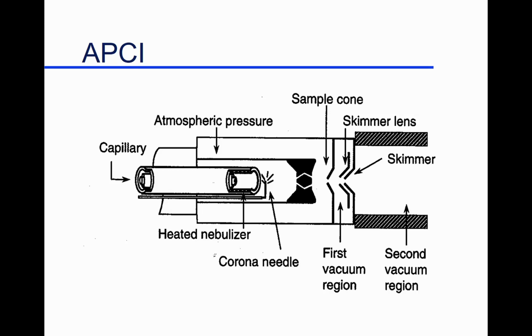And here you have a needle that carries maybe a 5,000 volt charge on it. And so that gives a charge to anything that comes out. So your analyte will come out here, be carried through the system, take on a charge from this electrical charge here, and get drawn off into the mass spectrometer.